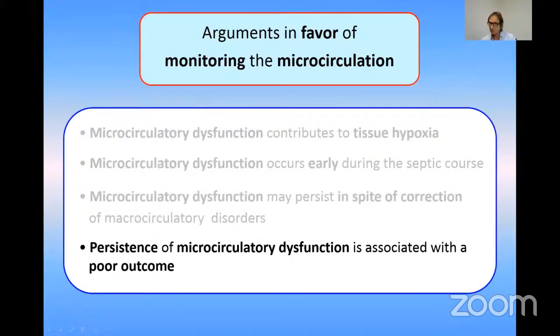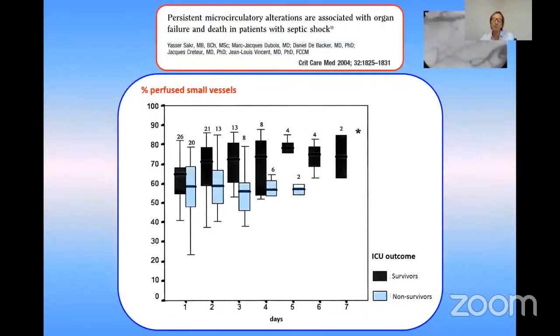And also the persistence of microcirculatory dysfunction is associated with a poor outcome, and this is well illustrated again by a study by the same group, by the group of Daniel De Backer and Jean-Louis Vincent. It's a study also authored by Yasser Sakr. In this study, they looked at the sublingual microcirculation using the same technology, but not only 1 day, but 7 days.